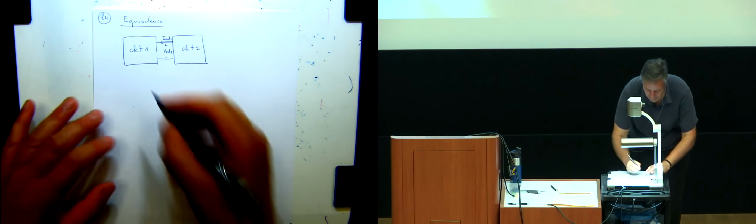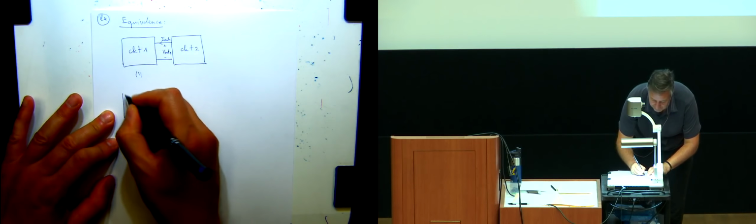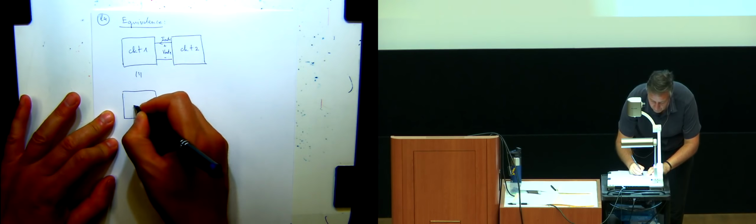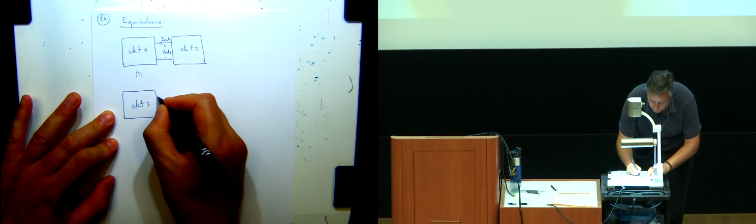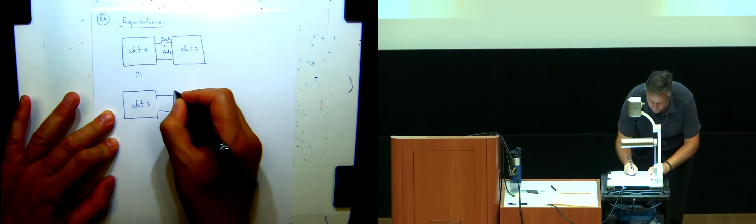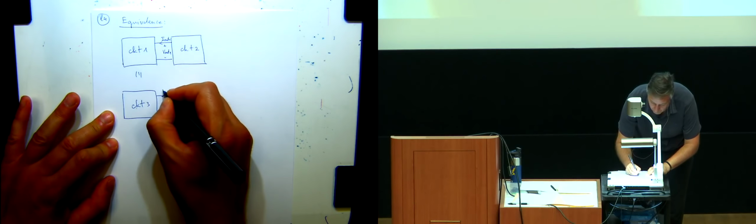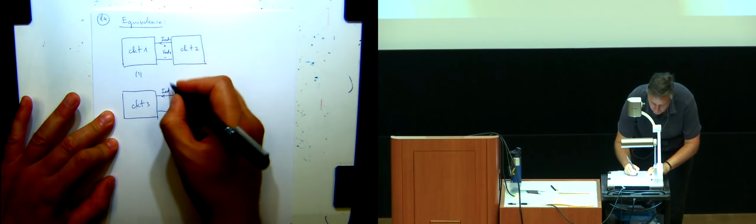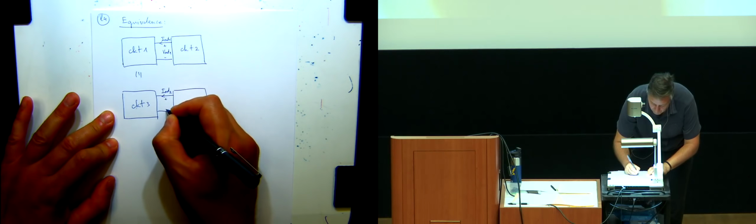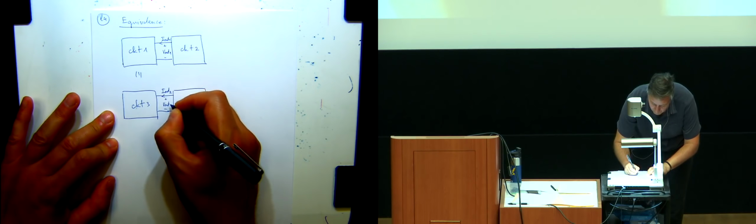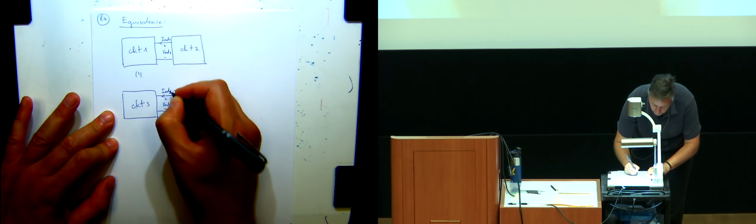So, in other words, if I put up something like this, this is V out, I out 1, V out 1.